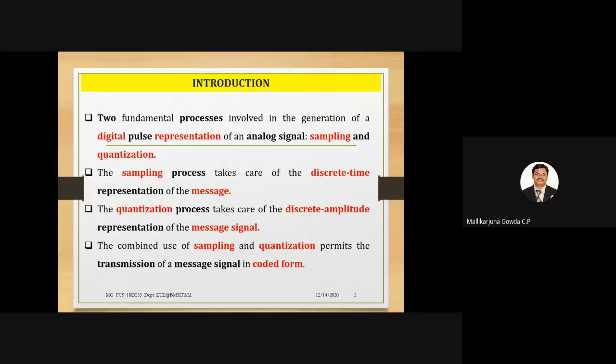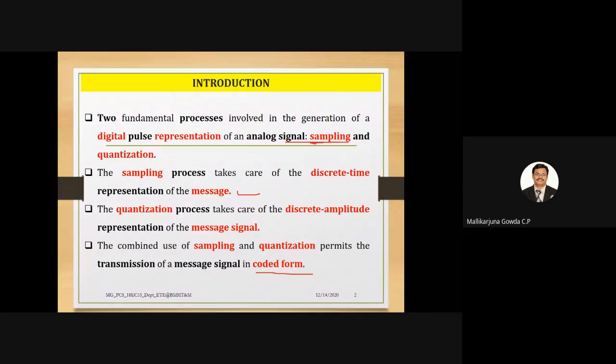One is sampling, the second is quantization. Sampling takes care of the discrete time representation of the message signal, and quantization takes care of the discrete amplitude representation of the message signal. Combining the processes of sampling and quantization permits the transmission of the message signal in coded form.